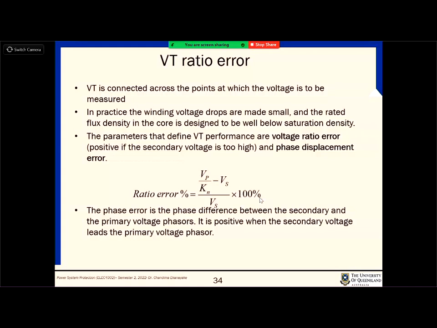Because phase error could have a leading angle or lagging angle. Say this is the primary voltage, and if the secondary is like that, now this delta is the error, but then secondary Vs leads primary Vp, therefore delta is positive.